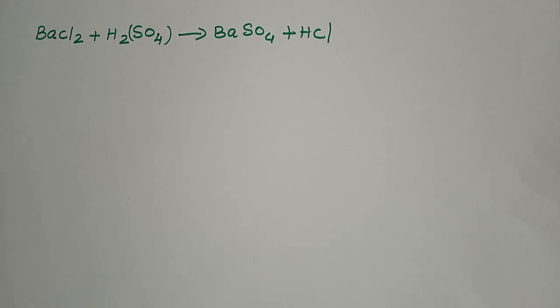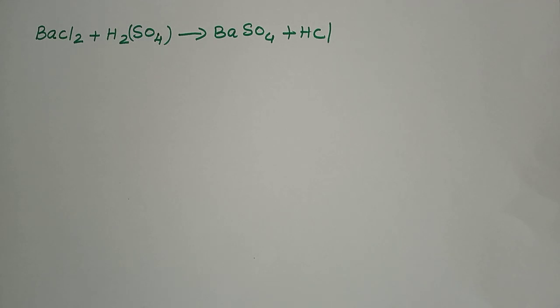From the word equation we have to convert to the symbol equation. For that we have to learn the formulas of the chemical substances, whether metals or non-metals. We already learned that last year in the atoms and molecules lesson. If you don't know the formulas of metals or non-metals, go through that lesson, then you will understand the symbols.